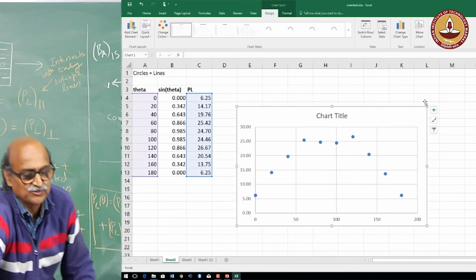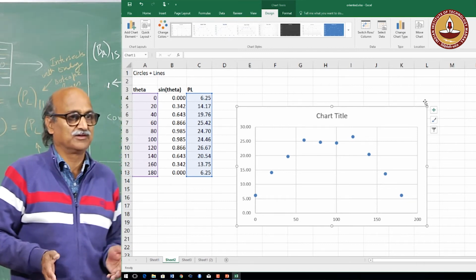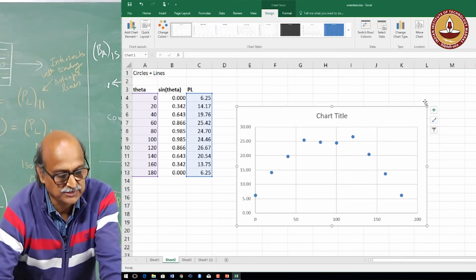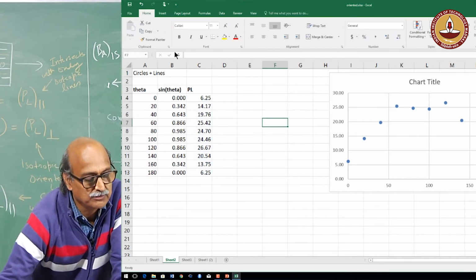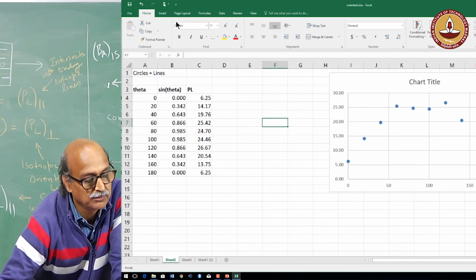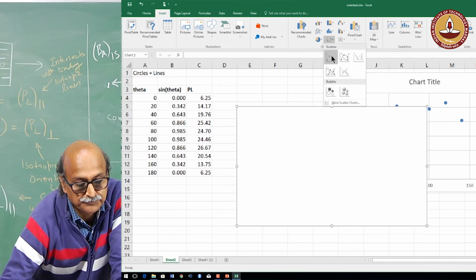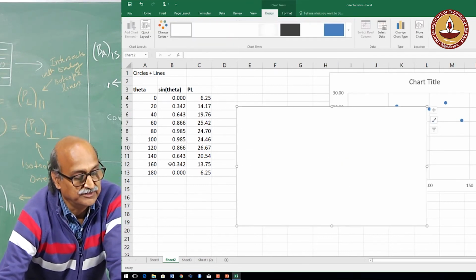And I got a curve which looks something similar to what I had. So, this curve does not tell me enough. So, instead of plotting this, let me plot PL versus sin theta.